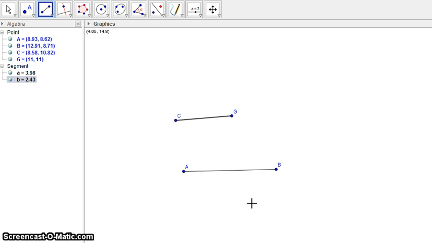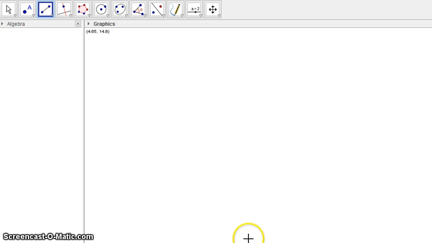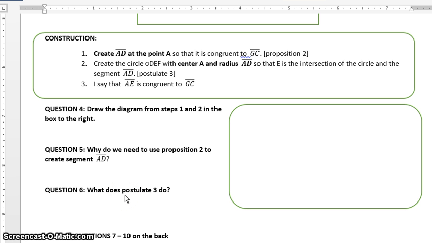That is everything you need to do for that box. Draw this diagram in the box. Questions 4 through 6 have to do with the construction. We're going to go through the construction step by step and then give you a hint on questions 4 through 6.